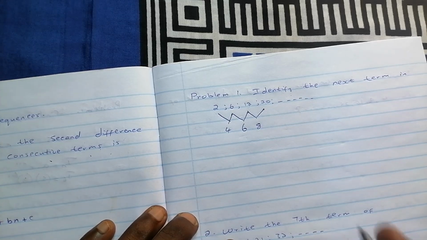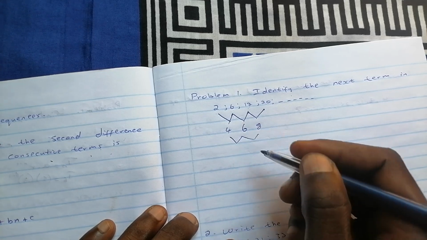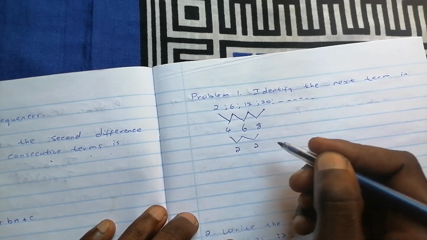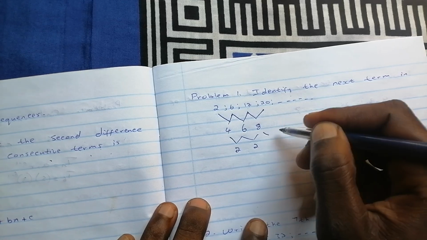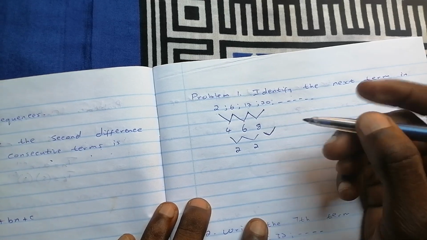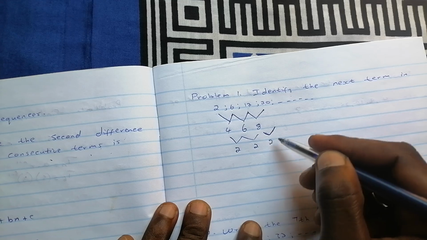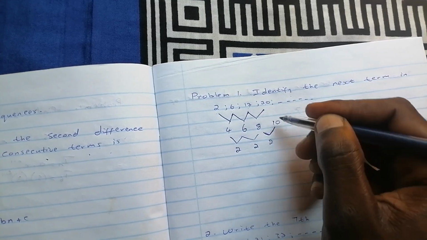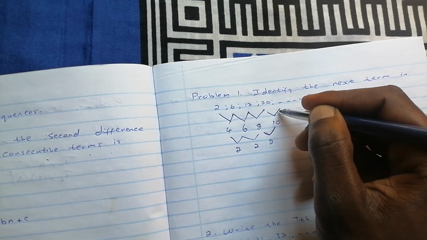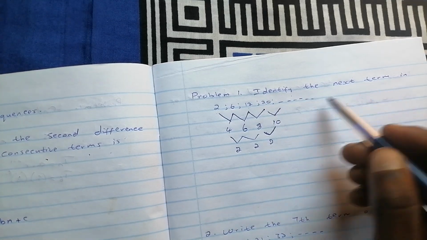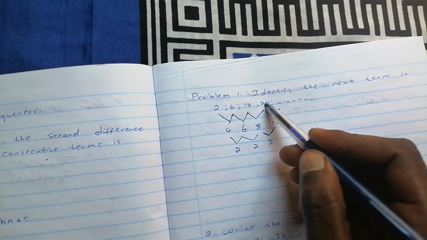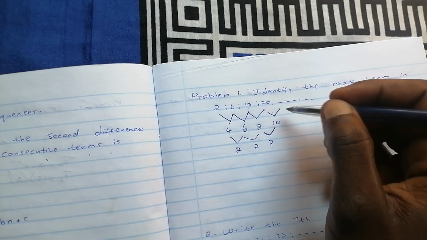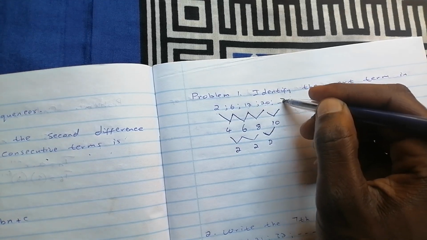Okay, and then find the second difference, which is 2, 2. Okay, so to find this here, we're gonna add 8 plus 2 to get 10. And then to get the next term here, we're gonna add 20 plus 10 to get this term. That's 30. That's your answer.